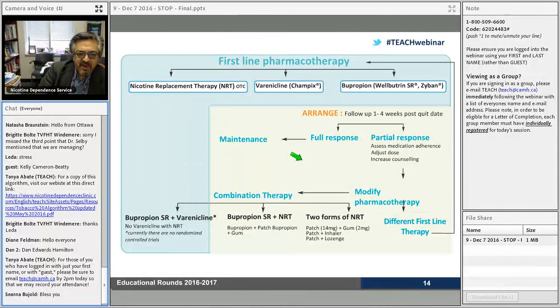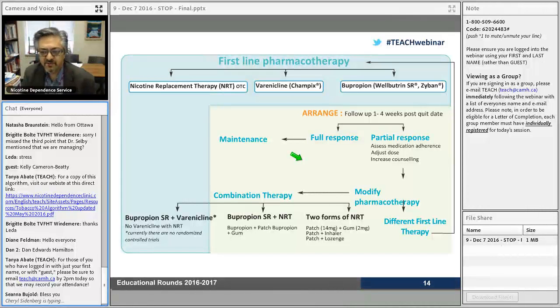And again, all of the medications should be tailored to individuals' needs and preferences. So, regardless of whichever medication we try, in general, we should follow people up in the first 4 weeks. Ideally, and this is because of 2 reasons. One is the highest rates of relapse occur in those first few weeks. In fact, 80% of people have relapsed within the first 3 months, and generally about 60% have done it in that first month.